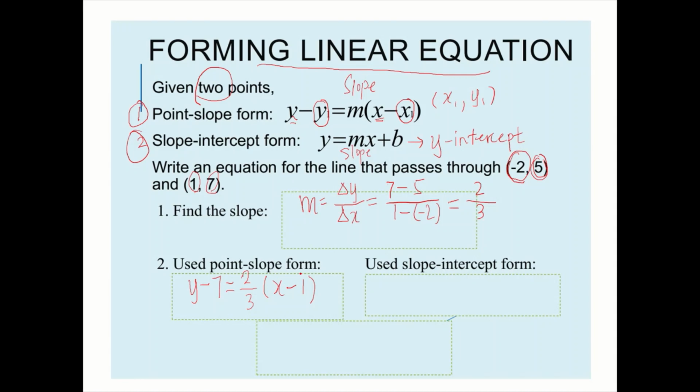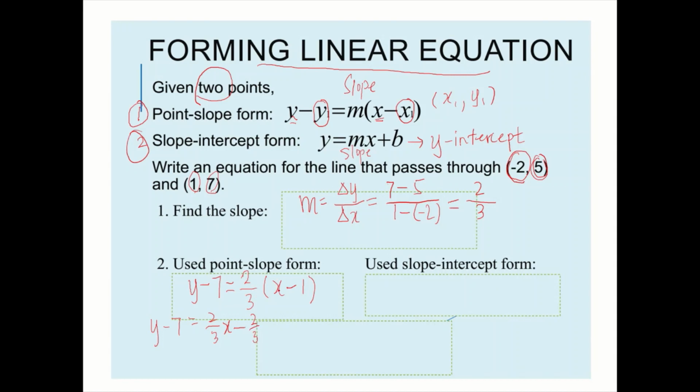Now, how to find the slope-intercept form? So this is what we can do. We can solve this one and find the slope-intercept form. To solve this, first we expand the slope: we multiply the x and we multiply the negative 1 here.